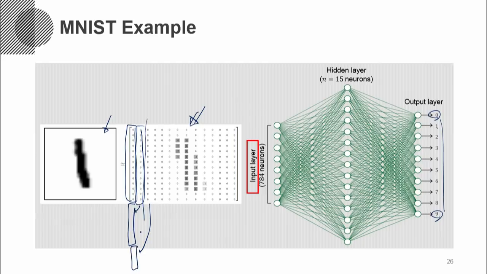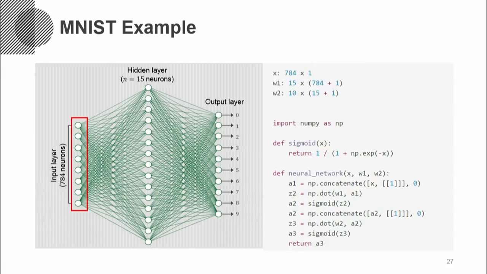In total, we will have 784 neurons or dimensions, which is the product of 28 and 28. Then let's set up the hidden layer that has 15 neurons or nodes. And in the output layer, we will have 10 nodes ranging from digits 0 to 9.